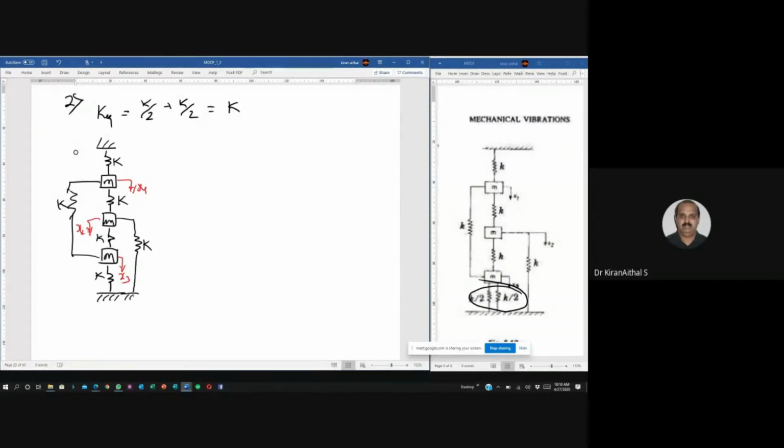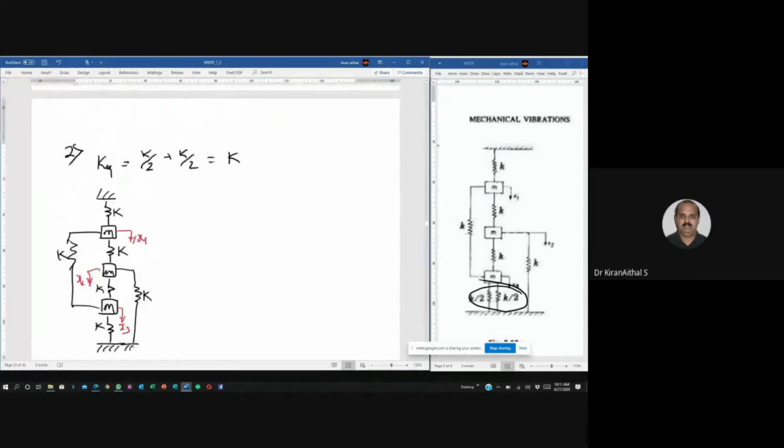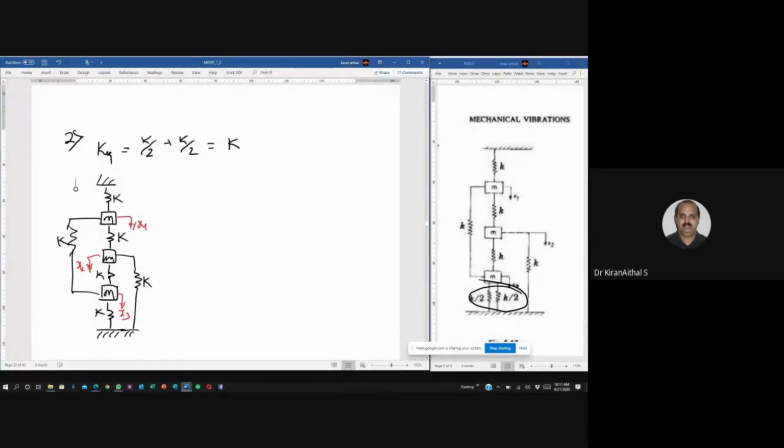If you remember, we have already solved this one for the equation of motion. I'm going to start with the first mass.